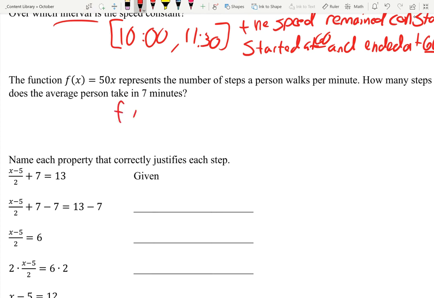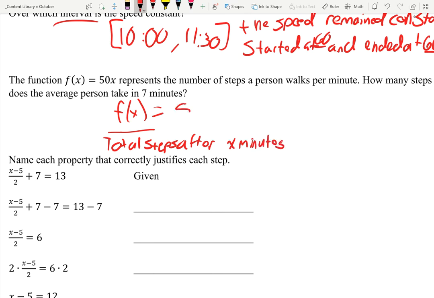Now, I'll just explain the notation so if you see this again, you'll know what it means. f of x means the same thing as y equals. So don't get too bothered. It's just function notation. We're going to talk more about that in the future for sure. But what it means in this case is total steps after x minutes.